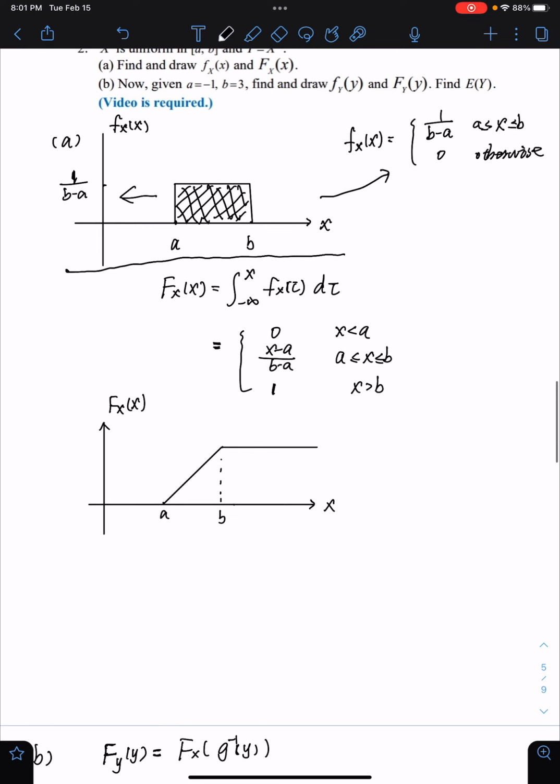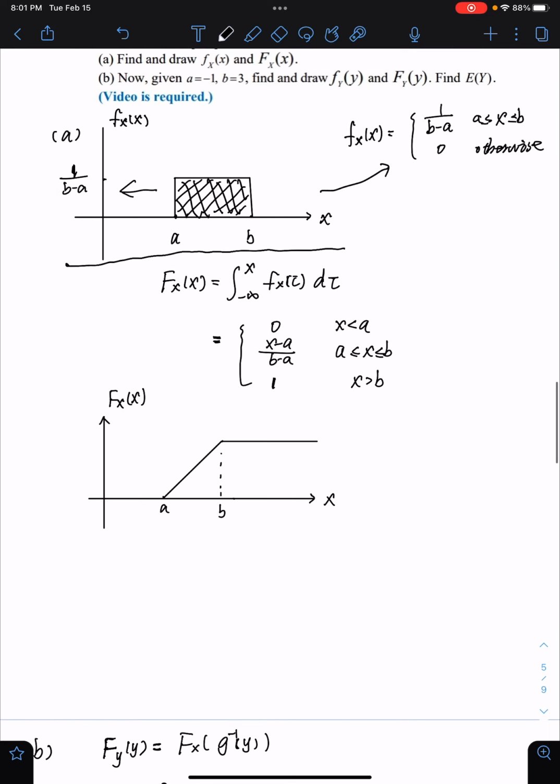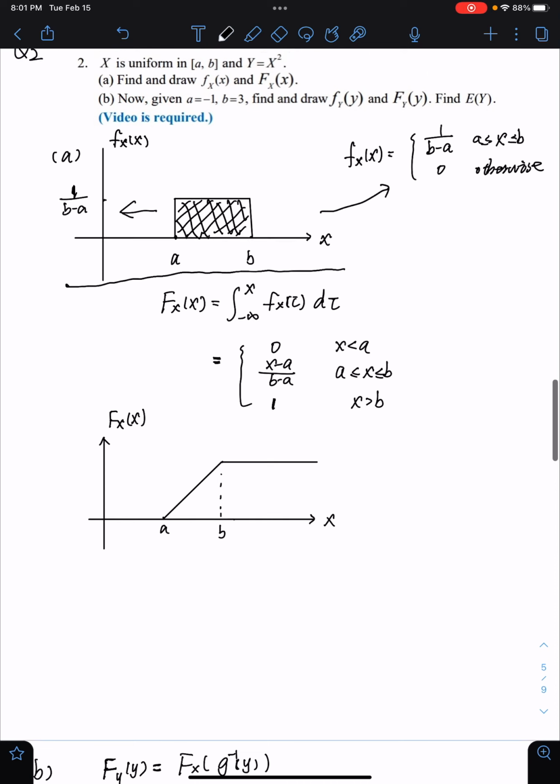Then we can integrate small f_X to get big F_X. So big F_X equals 0 when x is smaller than a, because when x is smaller than a, f_X equals 0, so the integral equals 0.